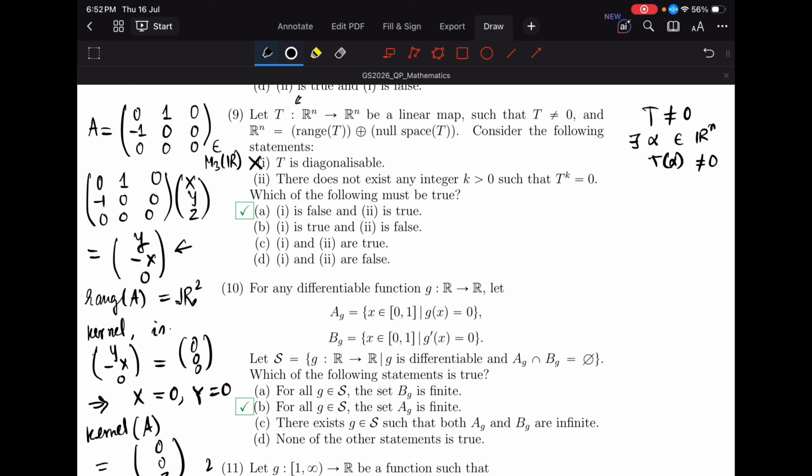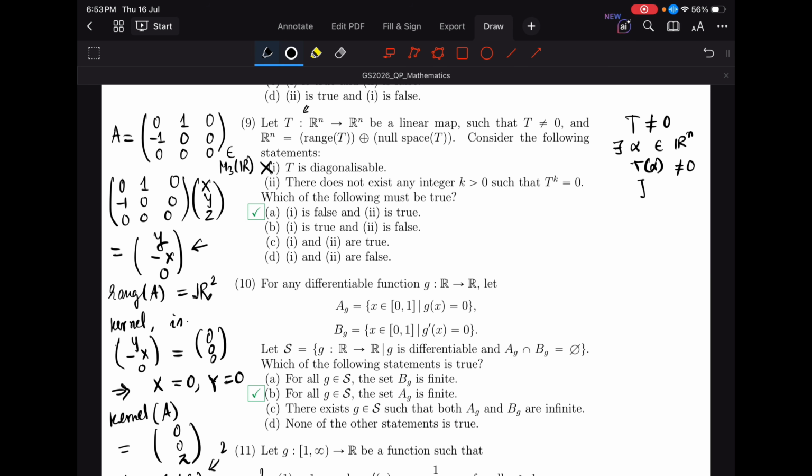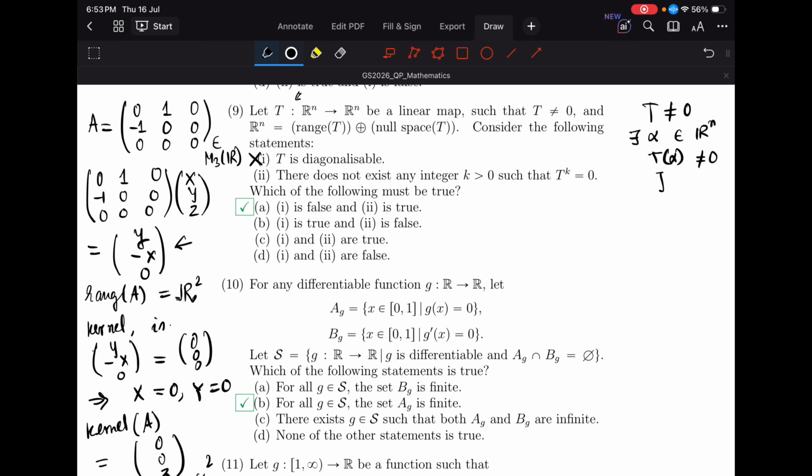So now, if there exists k strictly greater than 0 such that T^k equals 0, then k has to be greater than or equal to 2, because if k equals 1, then it contradicts the fact that T is non-zero. So k is greater than or equal to 2, then what we have is T of T^(k-1) alpha equal to 0, right?